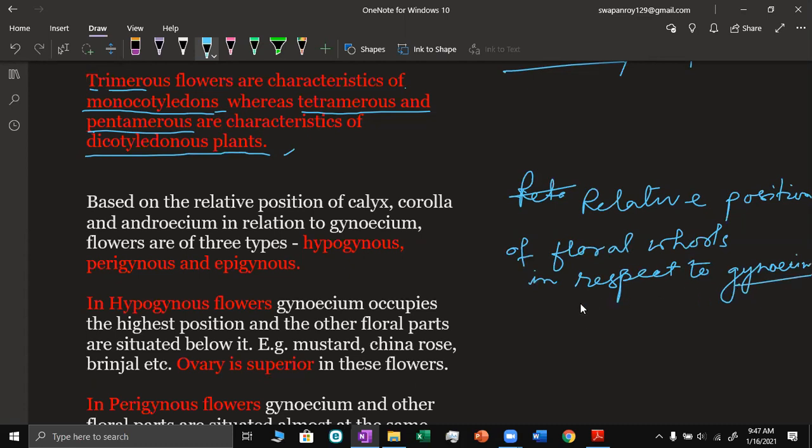Compared to the female reproductive organ, what is the level or position of the other floral whorls, that is calyx, corolla and androecium? Whether they are at the same level or below or above. Based on that, the flower may be hypogynous, perigynous and epigynous.